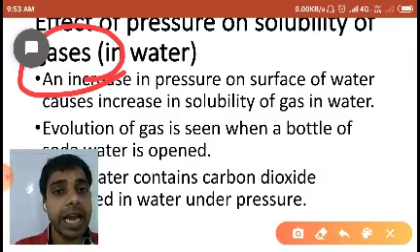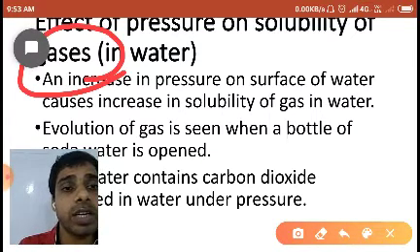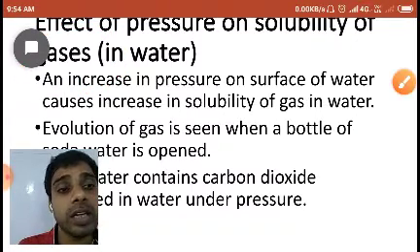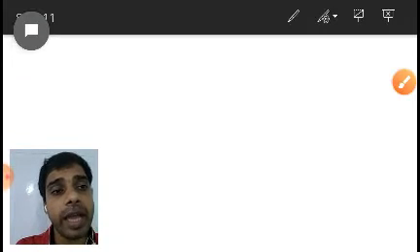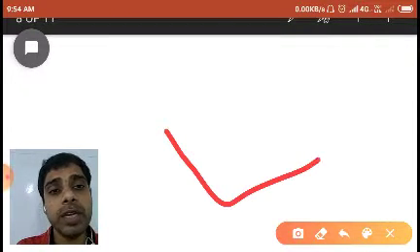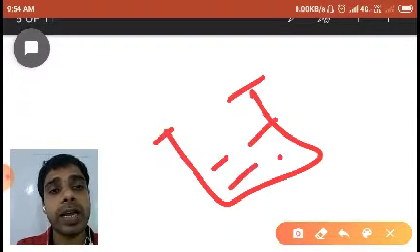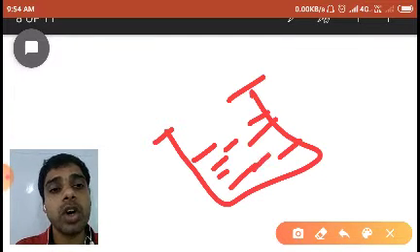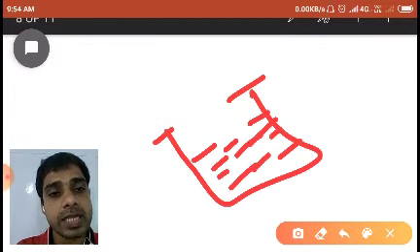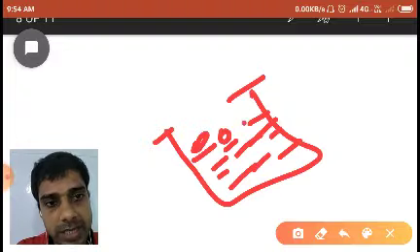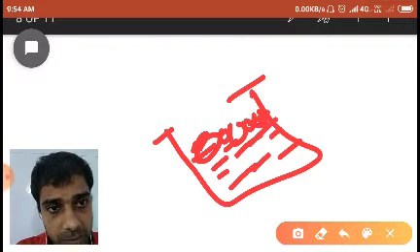I am taking the effect of pressure on solubility of gases in water. So I have water, and you know water has dissolved gases. Water has some dissolved gases, and some gases are present on the surface also.